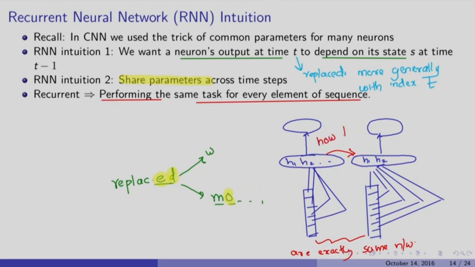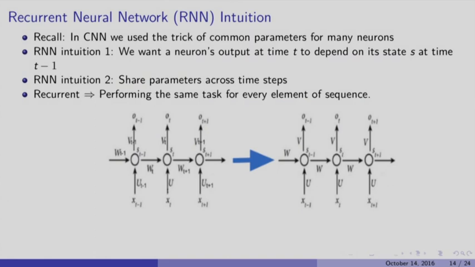So question is how to encode this dependence. Well, one could do this as follows. One could associate weights for transition from a particular state s t minus 1 of a perceptron to another state s t of the same perceptron. So again, what you see here are the same perceptron, the same network, but at different time steps.